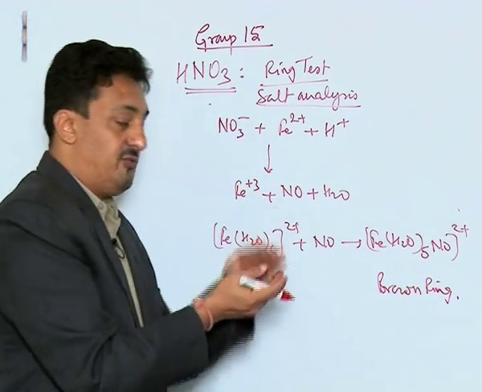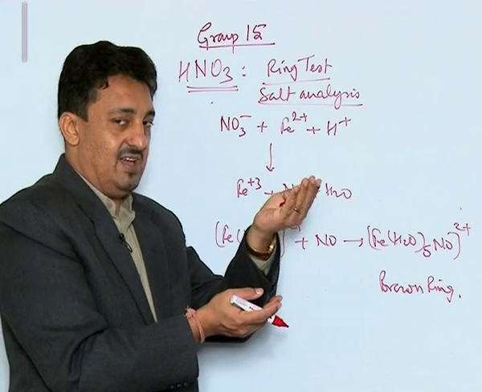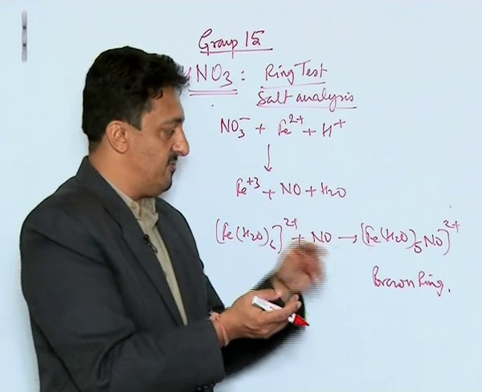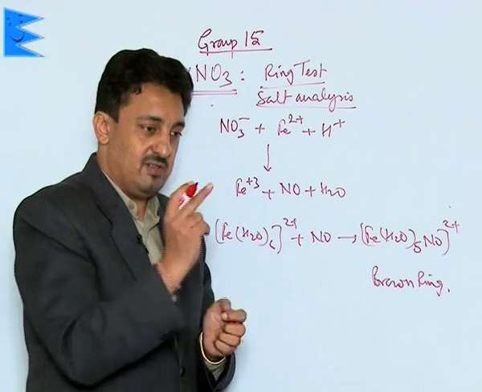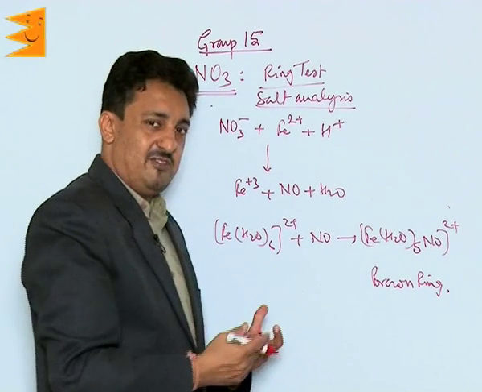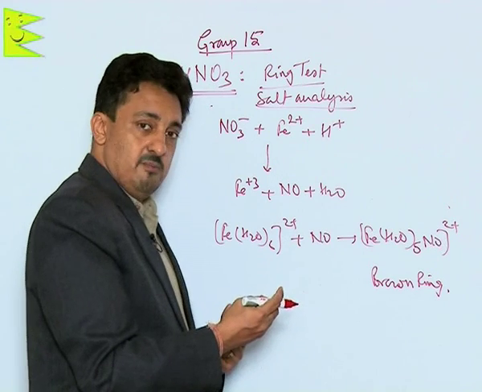at the junction of the sulfuric acid and the salt solution, because sulfuric acid, having higher density, moves down, and at the junction where these two liquids meet, this complex is formed, because of which the brown ring is formed. Now this complex has a very special place in chemistry.